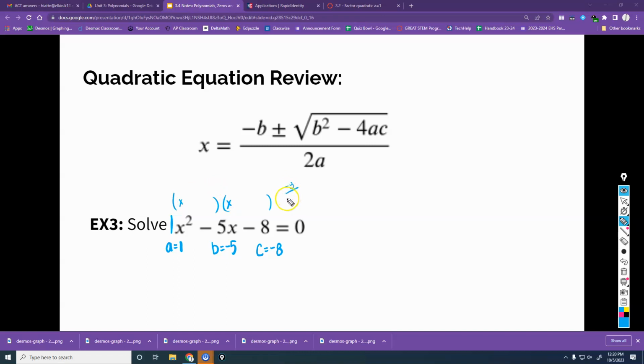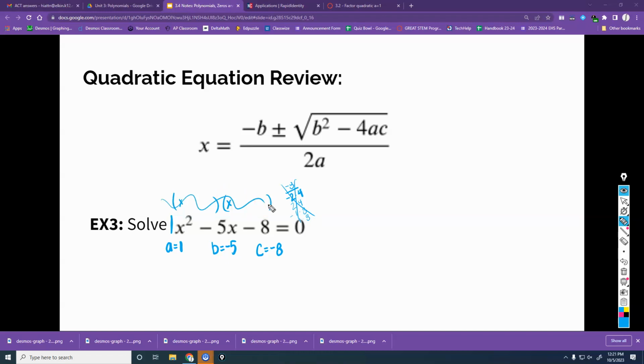The only things I can multiply to get -8 are -2 times 4 and +2 times 4, -1 times 8, and +1 times 8. And do any of those give us -5? They do not, right? So this one will not factor. You cannot use that to solve this.